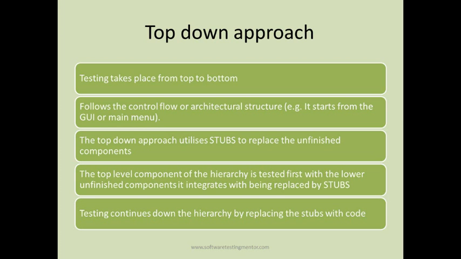As soon as second level modules are ready, they are integrated with the top level module, and any underlying modules which are not ready after the second level module are replaced by stubs. So the top-down approach just goes down that path, follows the control flow or architectural structure, and keeps on replacing whichever lower components are not ready by stubs, and keeps on testing.